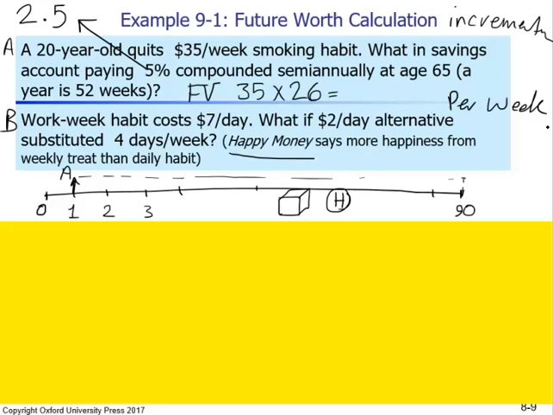But when you change it and make it a weekly habit, you are going to understand it, you are going to savor it, you are going to feel it more. So that's the point. Here happy money says more happiness from a weekly treat than a daily habit. It is about the happiness per dollar you spent. It's a very interesting topic.